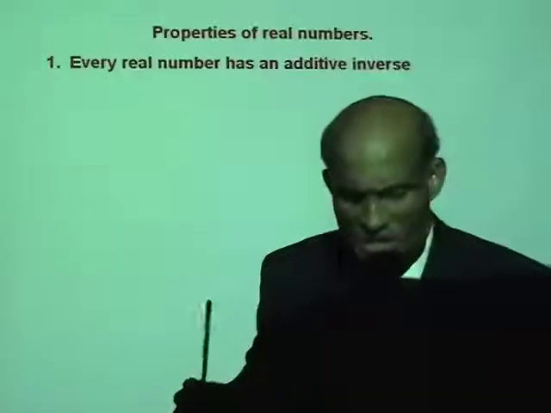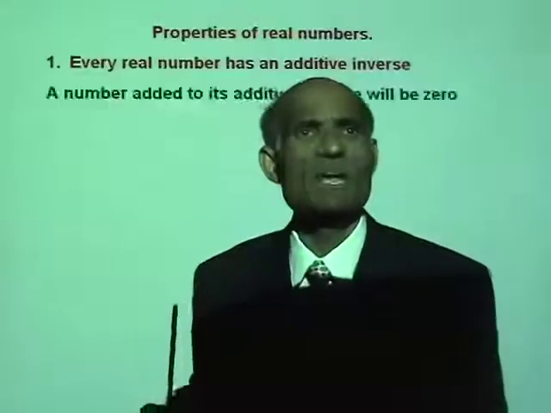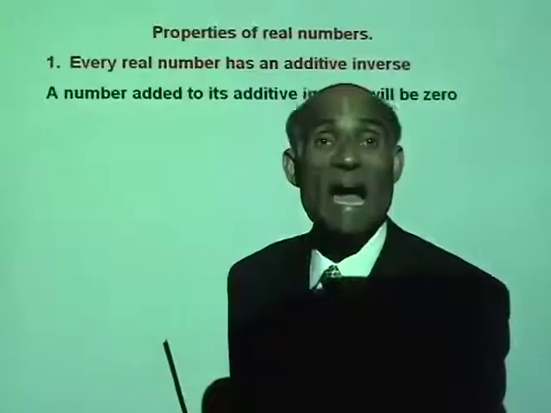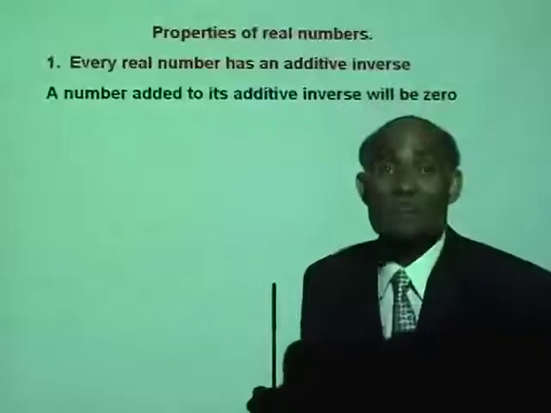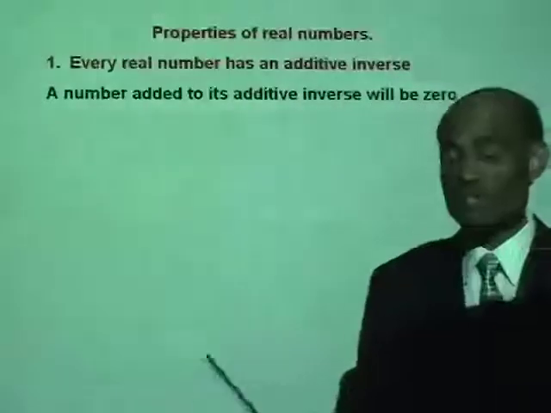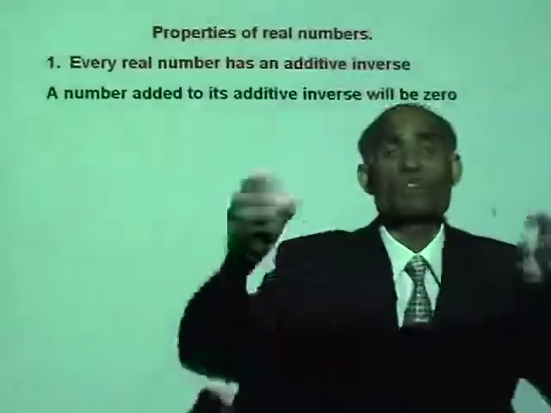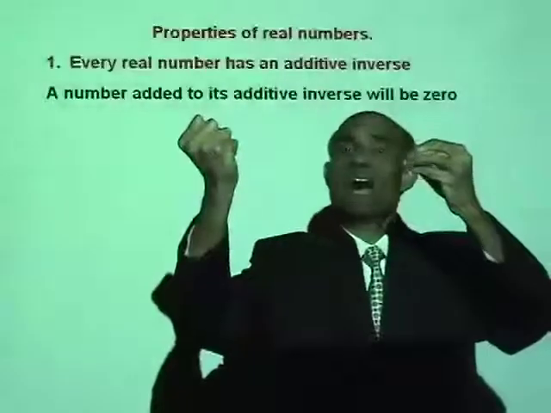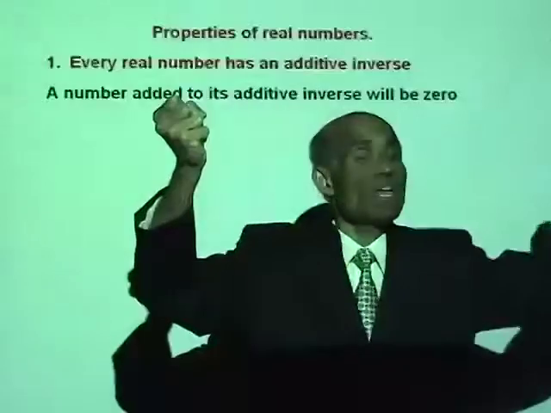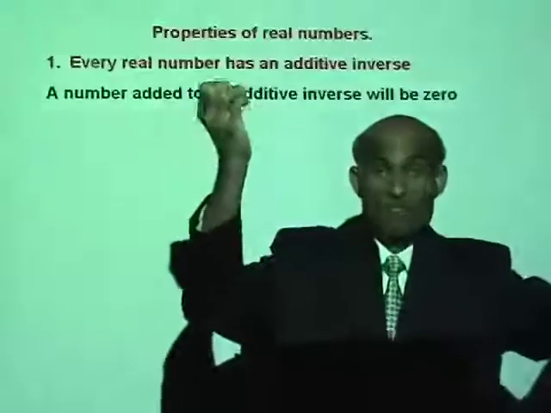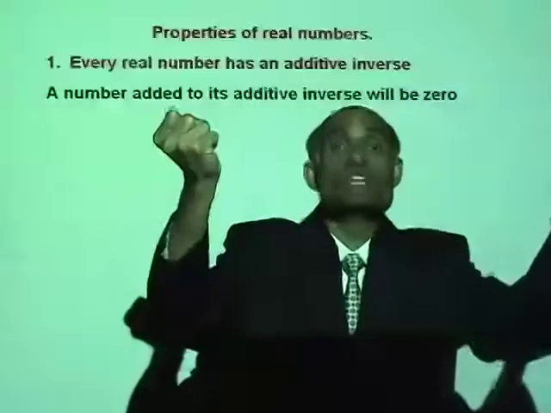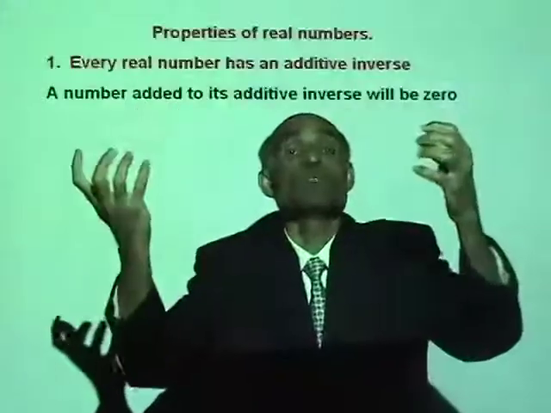An additive inverse. What does that mean? A number added to its additive inverse will always give you 0. You see, a number 5 added to its additive inverse, negative 5. 5 added to negative 5 gives you 0.